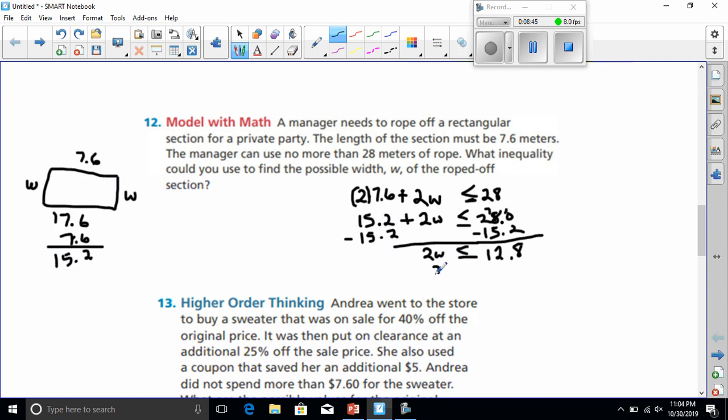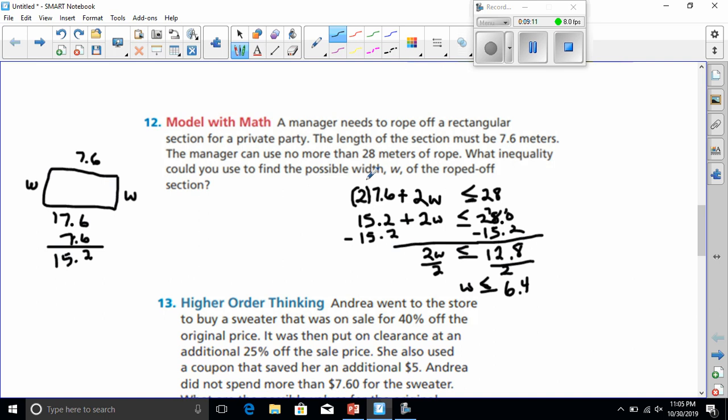Now we're going to divide 2 away from both sides, so we can get W by itself. We're not dividing by negative numbers, so I can leave it as less than. And 12.8 divided by 2 is going to give me 6.4. Not that I was looking for the answer, because all they said was write an inequality that I could use.